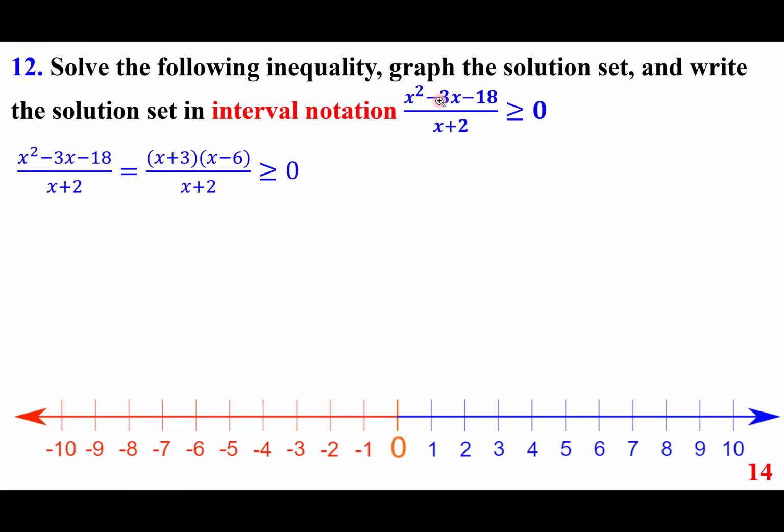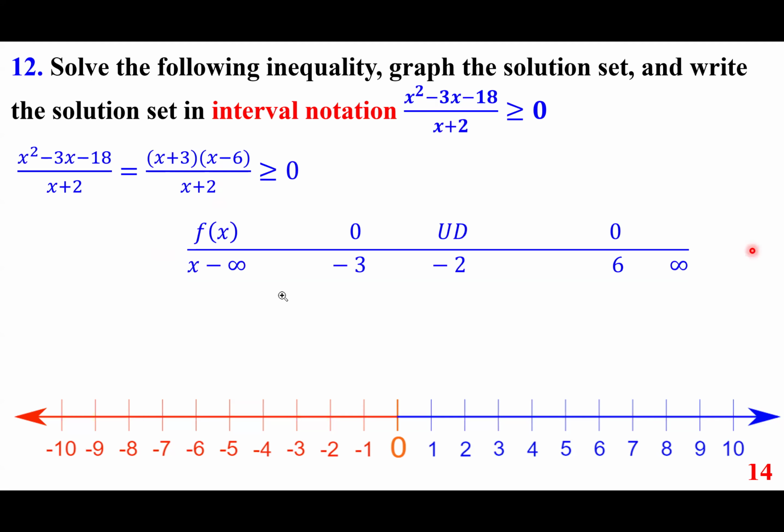Then you set the top equal to 0, the bottom equal to 0, and those are the points that create sub-intervals. So if you set the top equal to 0, you get -3 here, +6 here. The bottom gives you -2. So you have a number line going from negative to positive infinity, and those numbers, you put them in order.